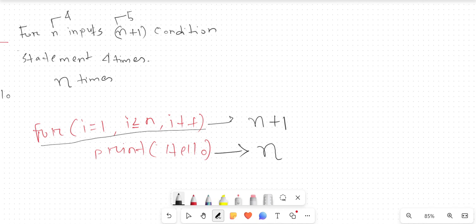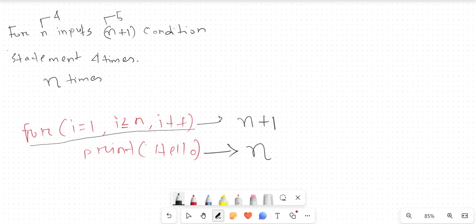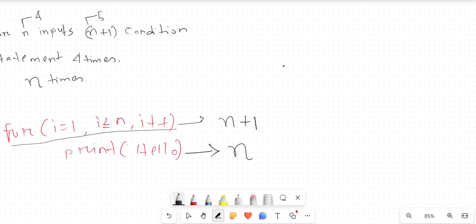So what about my total cost? My total cost for this algorithm is n plus 1.